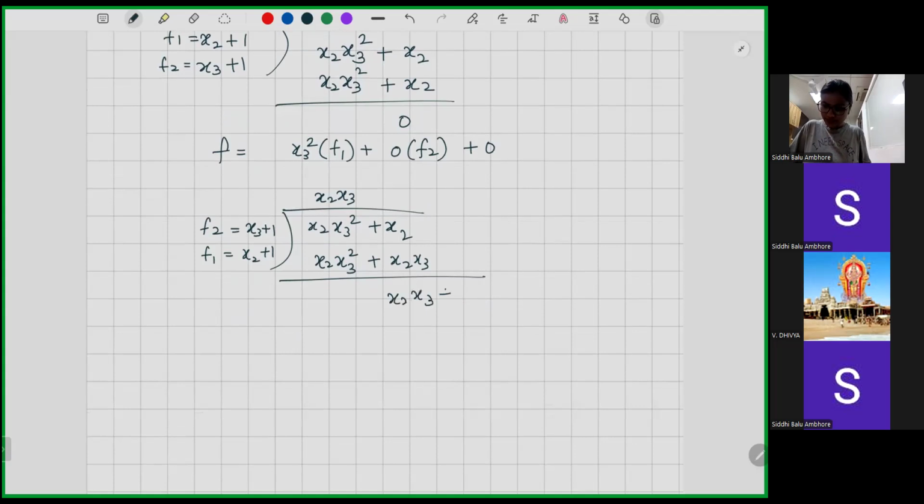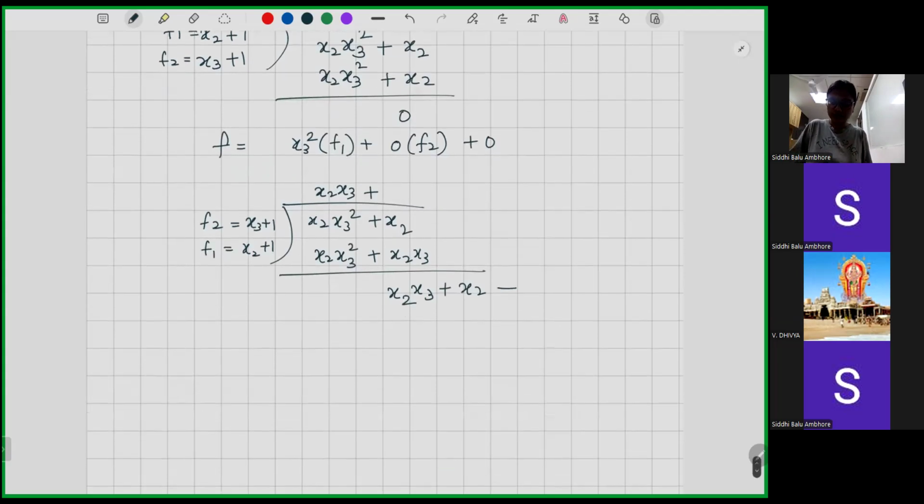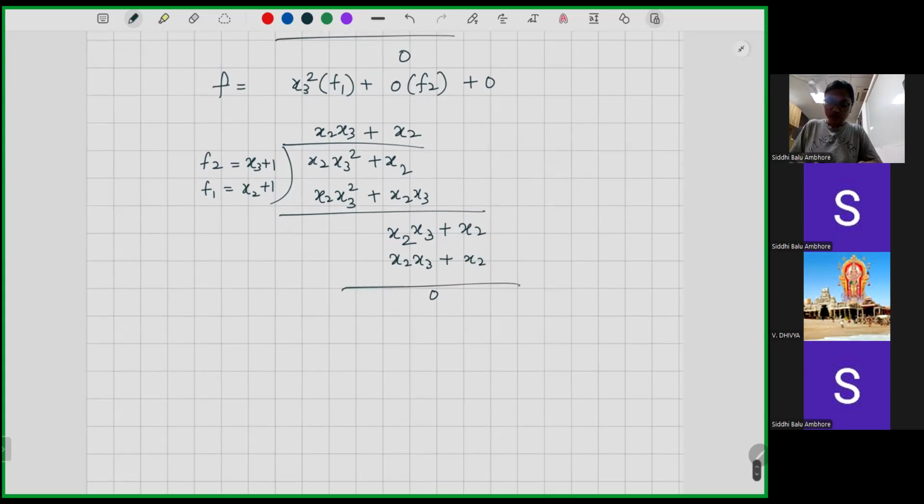Here I get 0 in the first term directly. Now again I do this with the first term: x2 x3 plus x2, and I get 0, 0, 0.